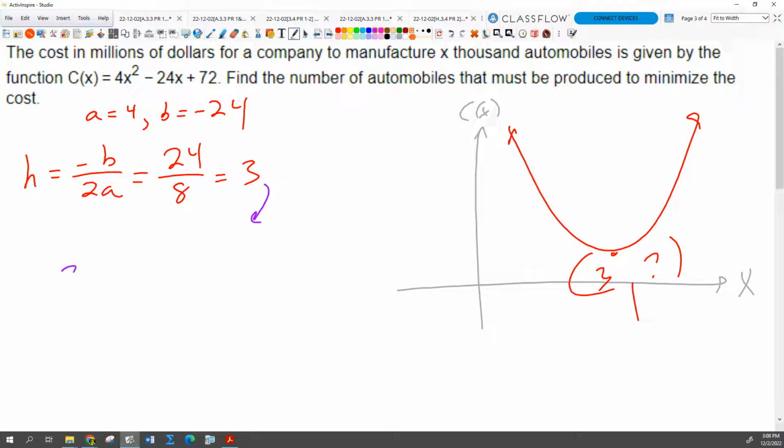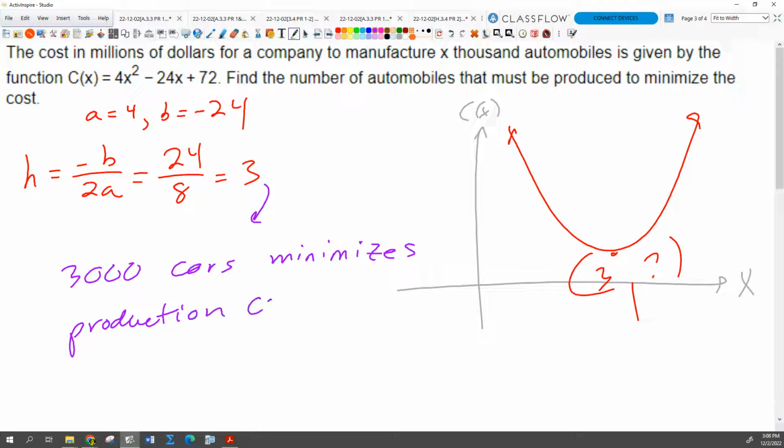So 3,000 cars minimizes production costs. Okay, good. Okay, one more.